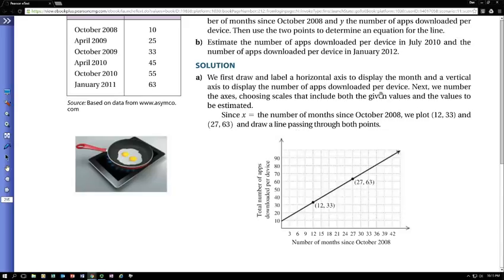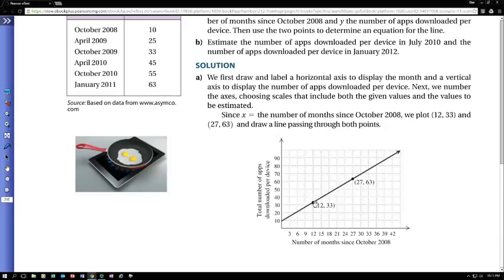So they talk about drawing and labeling your horizontal and vertical axes and plotting some of the points. They took 12 months, which would be October 2009, 1 year after October 2008. And then they took 27 months, which is the last data point, January 2011.